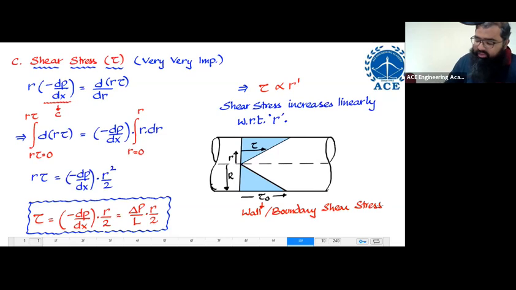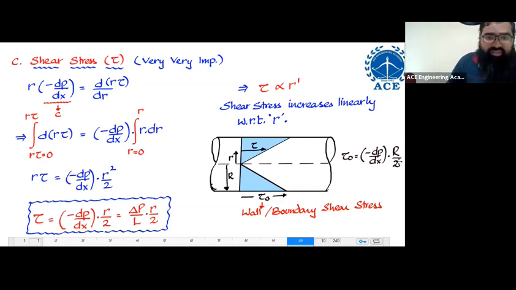Now what is the value of this wall or boundary shear stress? The value of wall or boundary shear stress tau naught has to be equal to how much? Minus dp by dx multiplied to R by 2. But which R will you take? You will take now capital R by 2. This is the value of wall or boundary shear stress.